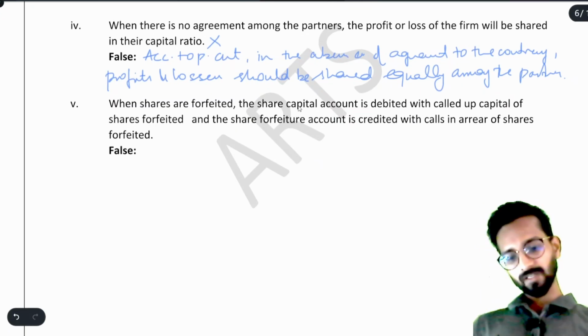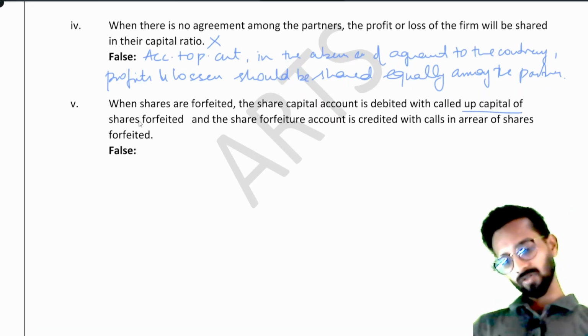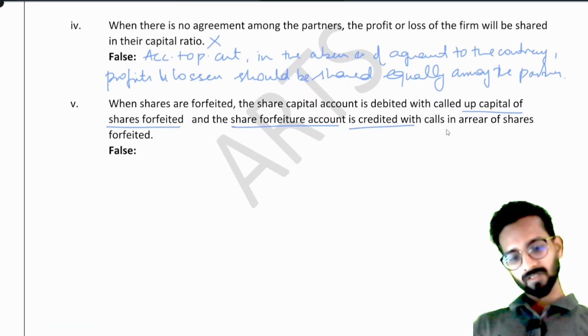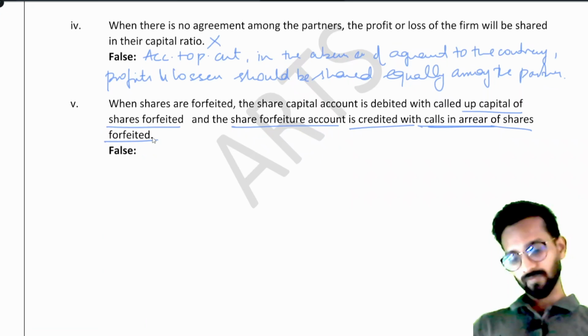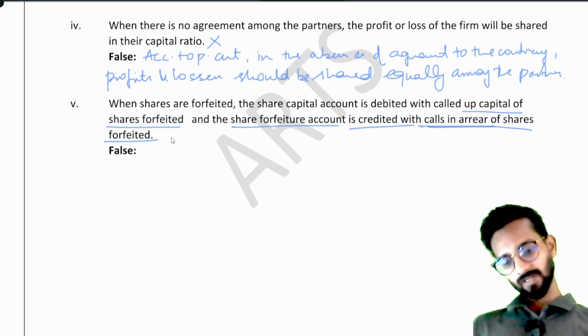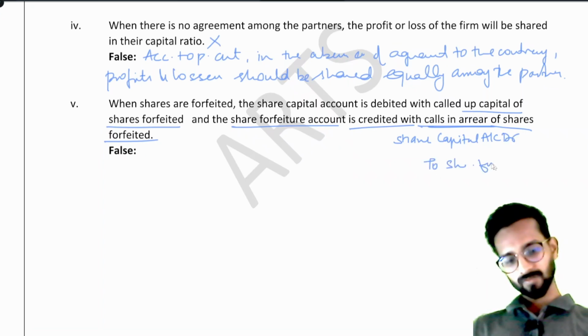When shares are forfeited, the share capital account is debited with called up capital of shares forfeited, and the share forfeiture account is credited with calls in arrears of shares forfeited. Obviously it is wrong. Why? See, what entry do you pass when the shares are forfeited? You pass share capital account debit, to share forfeiture, to calls in arrears.